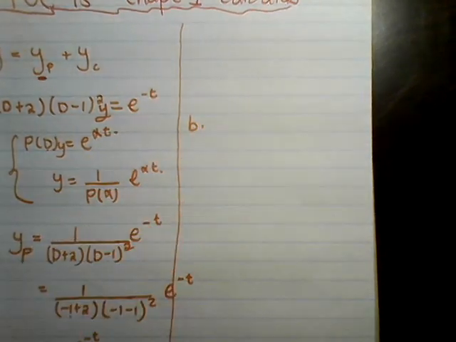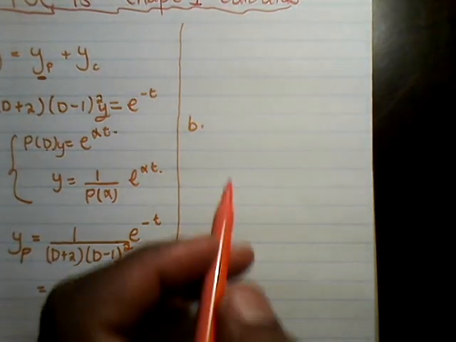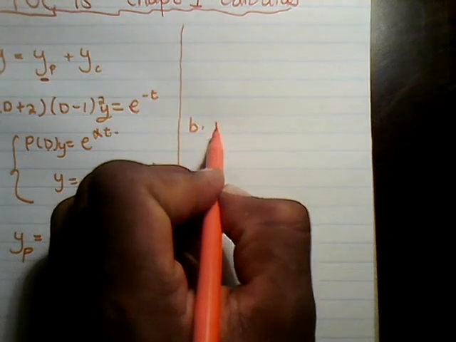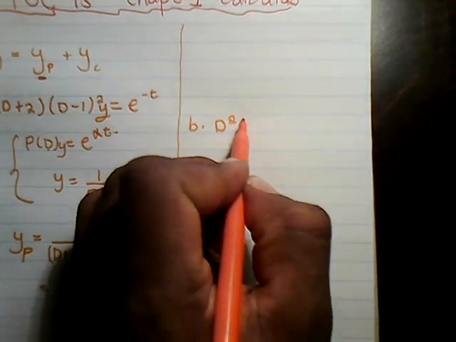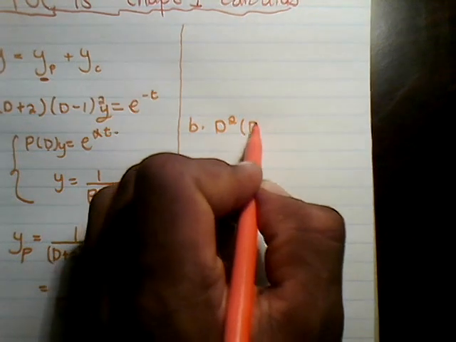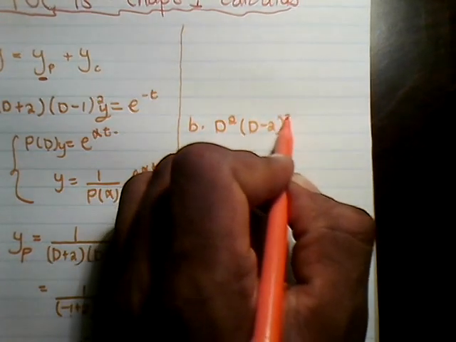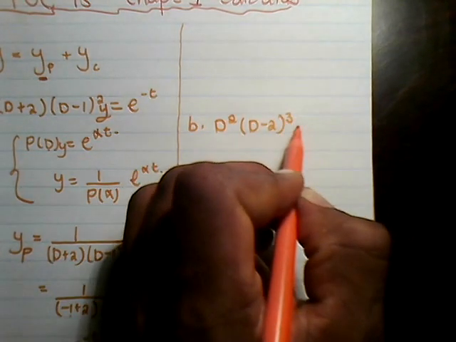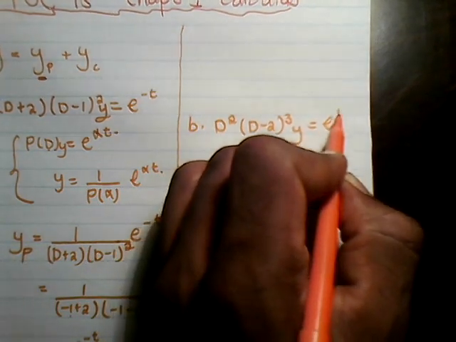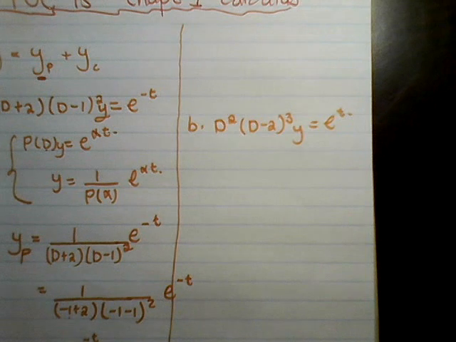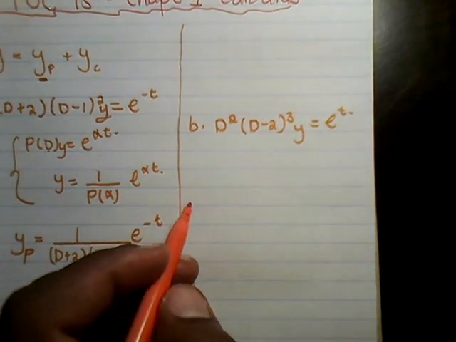B goes by D squared multiplied by (D minus 2) cubed y is equal to e to the power of t. Seems like it's working.